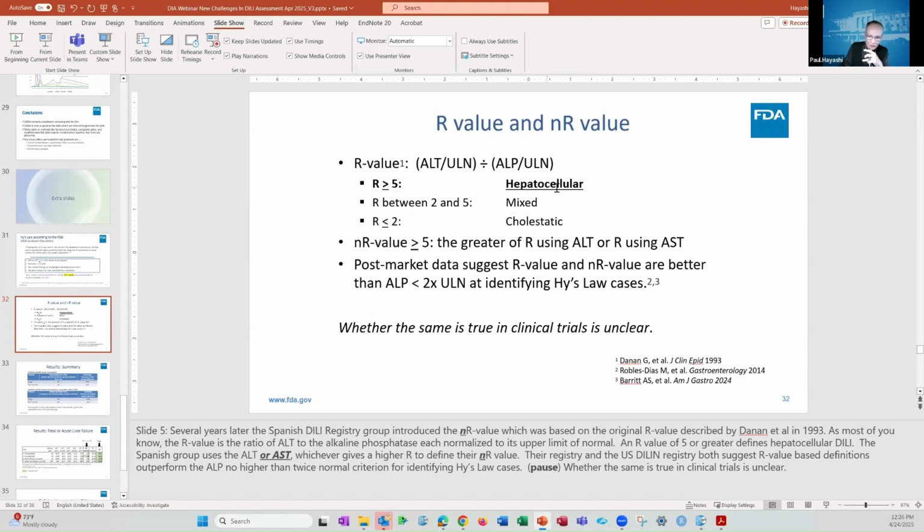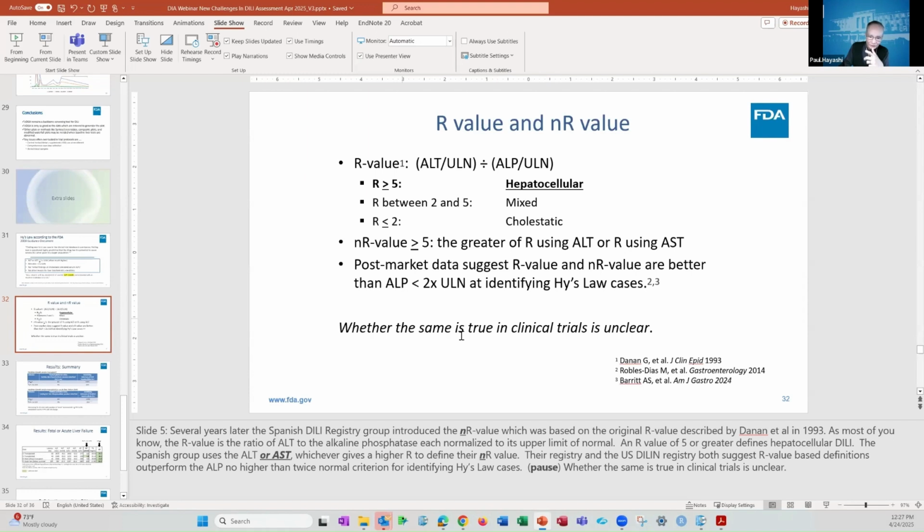Greater than 5 is now considered hepatocellular. And the N part just means you take the ALT or AST, whichever one drives a higher value. So post-market data suggests this is better than having a hard ceiling where the alk phos can't be higher than 2 times upper limit of normal.